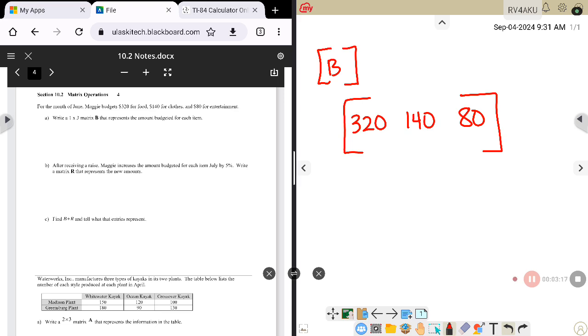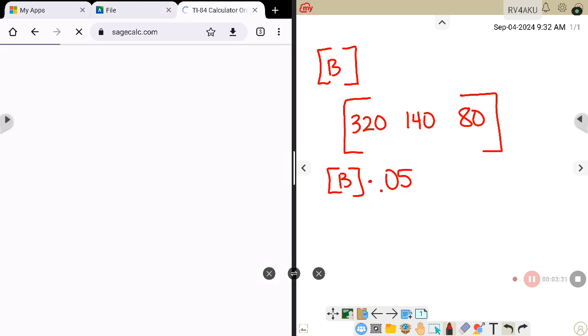I want to know what this matrix B is if I multiply it times 5%, which would be 0.05. So let's go to our calculator.